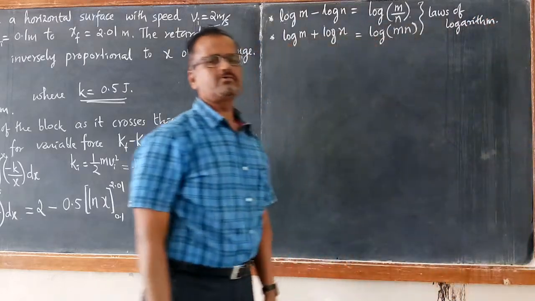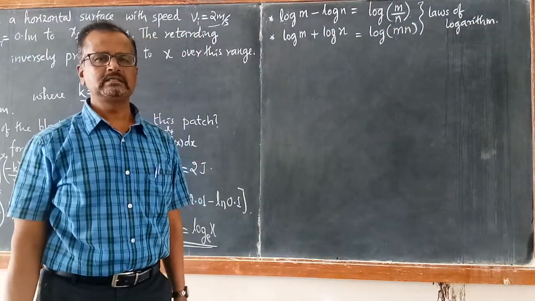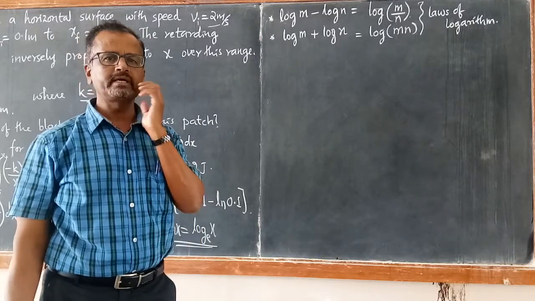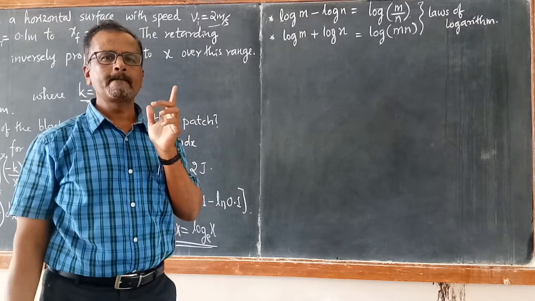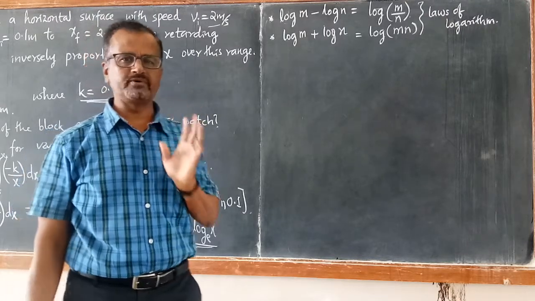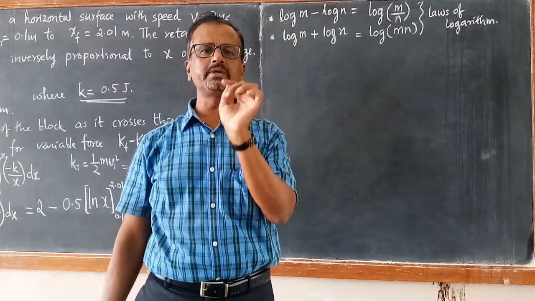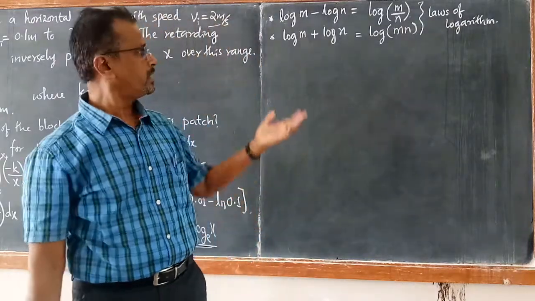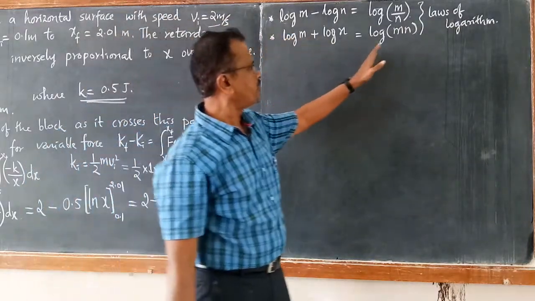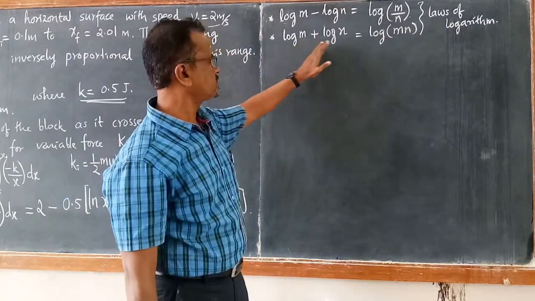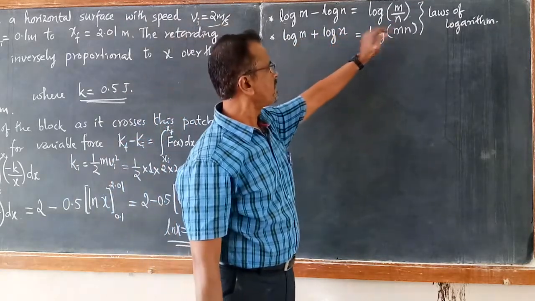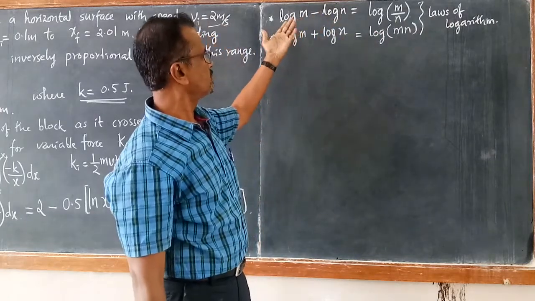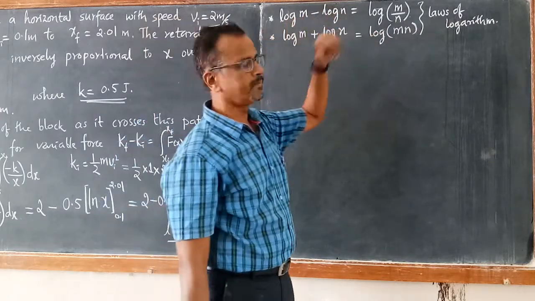Just like laws of indices, a raised to m into a raised to n is equal to a raised to m plus n. In the same way, if it is log of mn, then it is equal to log m plus log n. If it is log of m by n, then it is log m minus log n, or vice versa. Log m minus log n is equal to log of m by n.